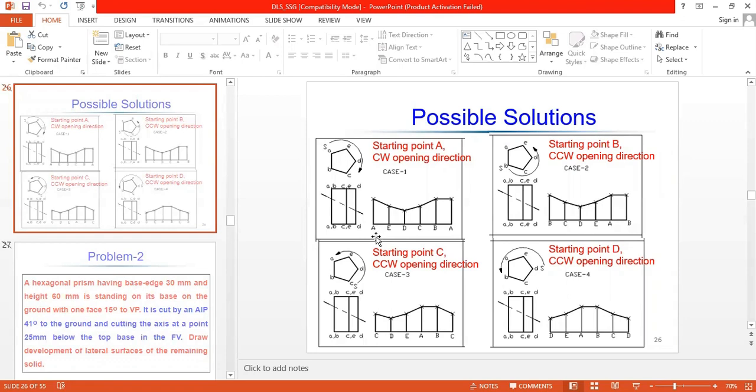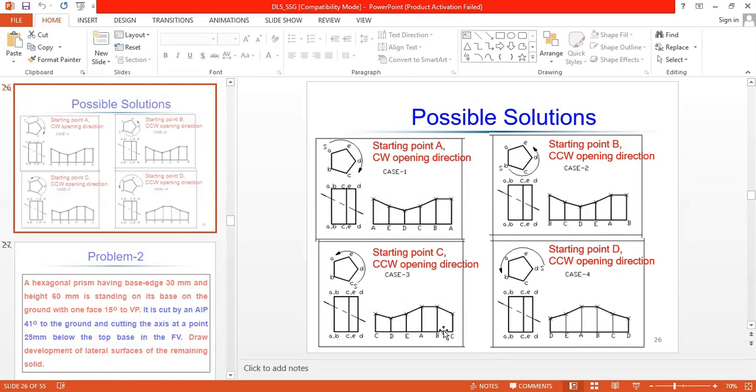In the first case, this solid is developed at point A. In this case, the solid is developed at point B, that starting point is B. In this case, the starting point is C, and in this case, the starting point is D. So, if the starting point is changed, the shape of the development of the solid is changed.